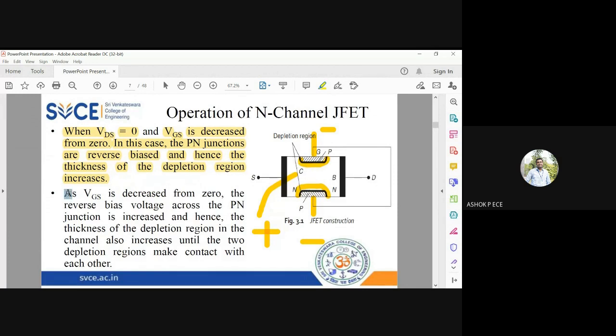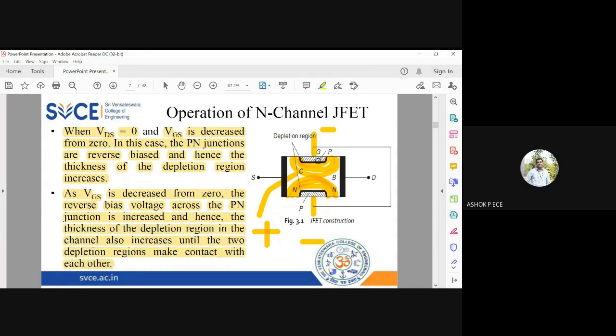See here, as the reverse bias voltage is increased, the thickness will also increase. I am still increasing, so the depletion region will become thicker. I am still increasing, it will again become thick. At one point, the two depletion regions will touch each other.